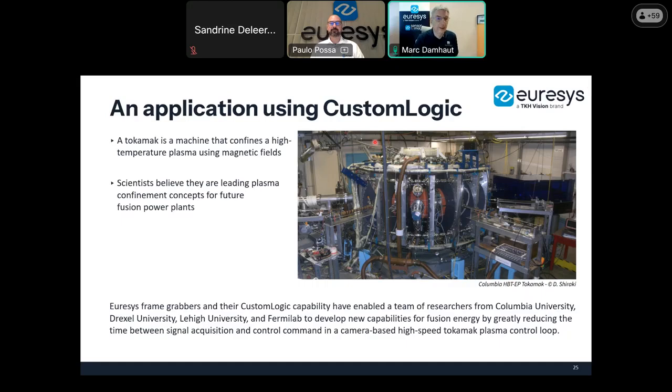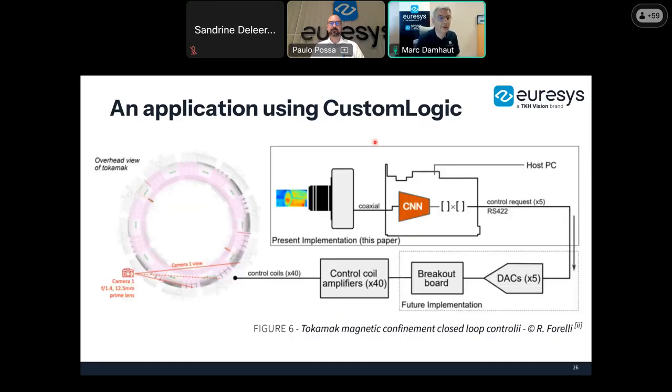So this is an example, a block diagram of the system here. We see that the customer has implemented image analysis, including some deep learning with signal processing, up to communication of the results on serial lines, all using CustomLogic in the Coaxlink FPGA without going through the host PC.